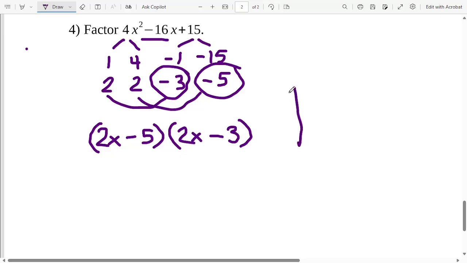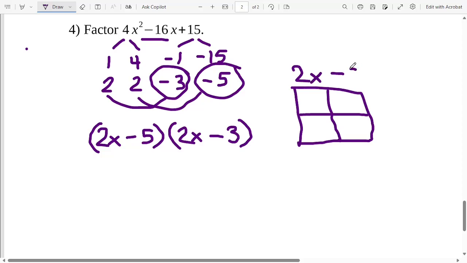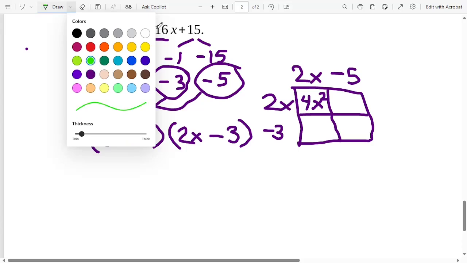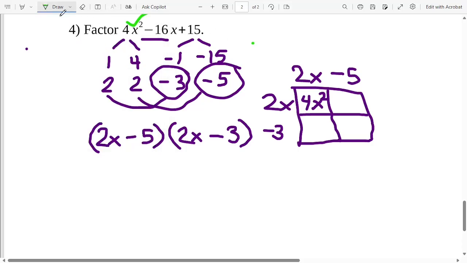Let's check, make sure I'm correct here. So we've got a 2x minus 5 times a 2x minus 3. 2x times 2x is 4x squared. So that checks out for our first term there. 2x times negative 5 is negative 10x. 2x times negative 3 is negative 6x.